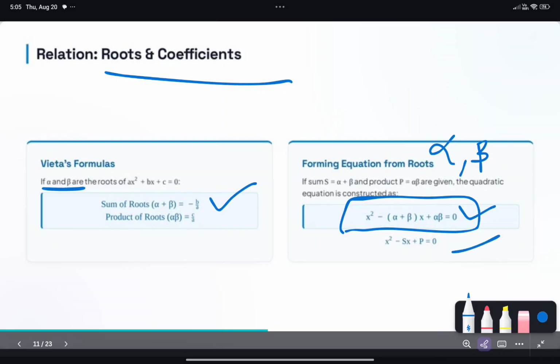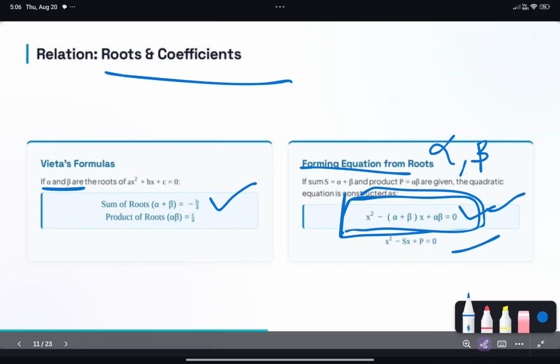This is the formula for forming a quadratic equation from given roots.